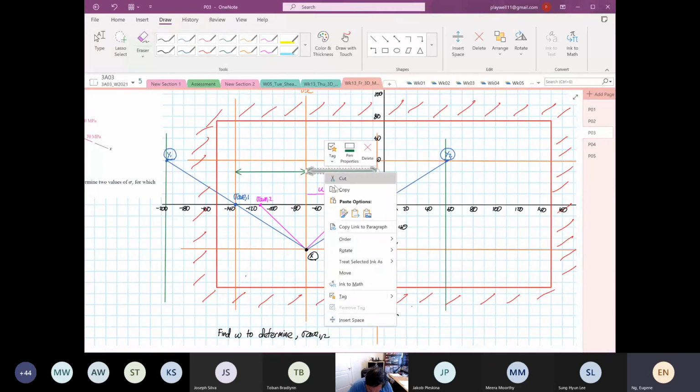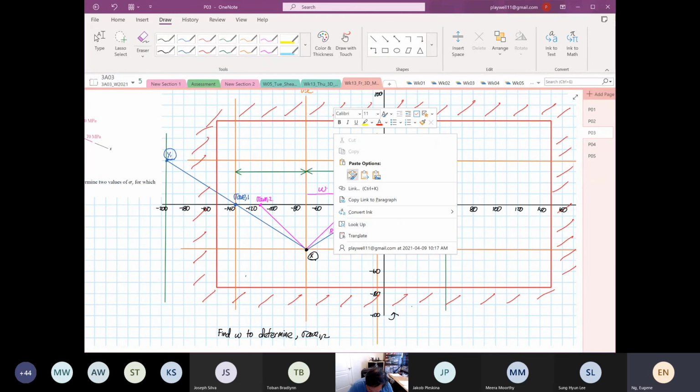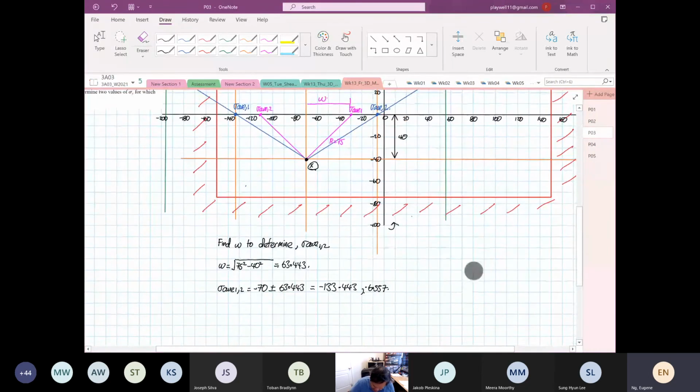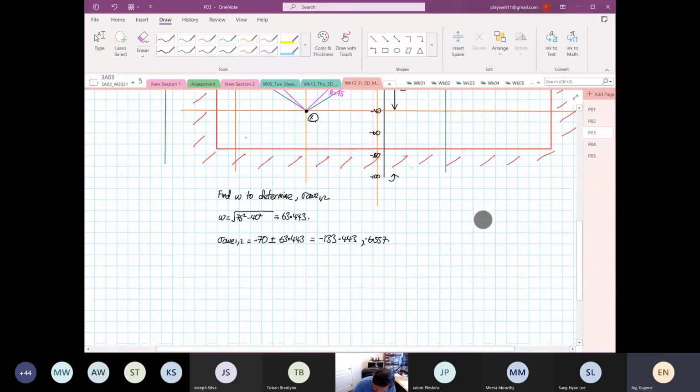So if you know where the center of the circle is, Y is the same distance. My scaling is not perfect, but it's also equal to this distance over here. So when that's the case, now we know how to find stress Y1 and stress Y2.